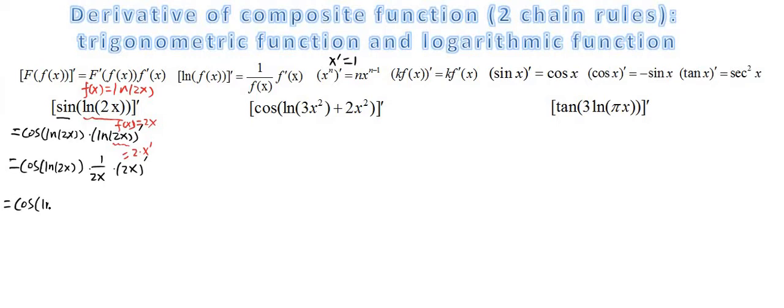Cosine ln 2x, 1 over 2x times 2 times 1 is 2, and we also can cancel out these 2, and we have cosine ln 2x over x.